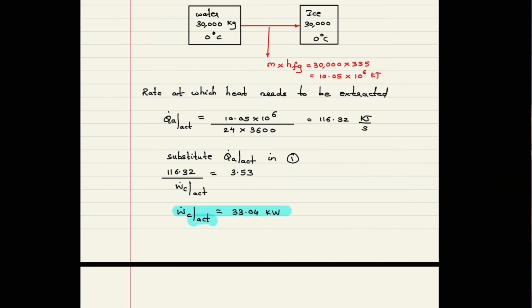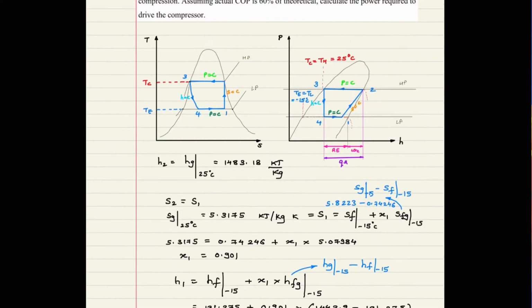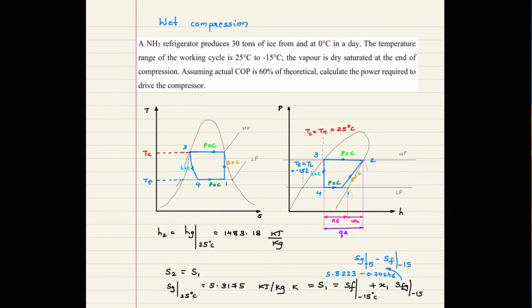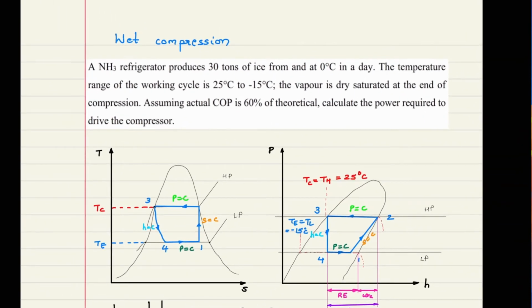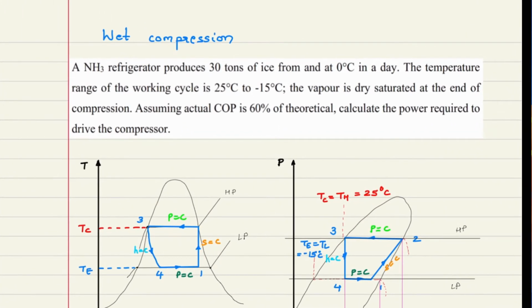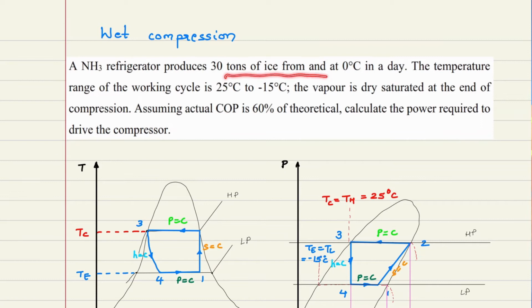So we'll go back to the question and revise this. What is given in the question? Ammonia refrigerator produces 30 tons of ice from and at 0 degree Celsius in one day. From and at means water is at 0 degree Celsius, and from there we get ice at 0 degree Celsius in one day.